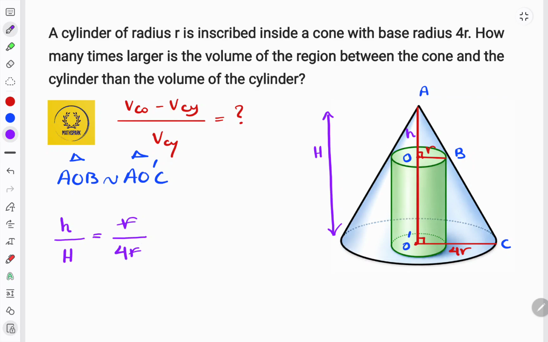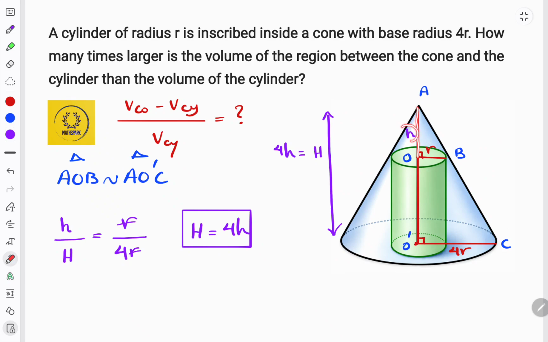These two r's cancel out, so I found that big H is 4 times small h.